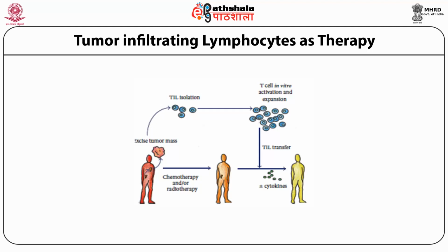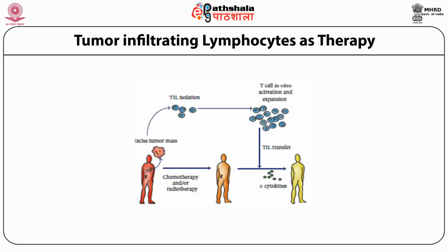To reap the benefit of tumor-infiltrating lymphocytes, in clinical trials in early stage cancer, it is acting as adjuvant therapy. Along with the chemotherapy or the radiotherapy of the patient, TILs are isolated from the tumor mass. Now these TILs are activated and expanded in vitro.